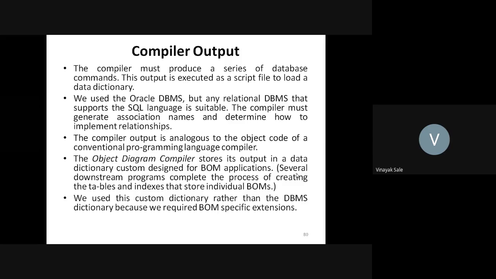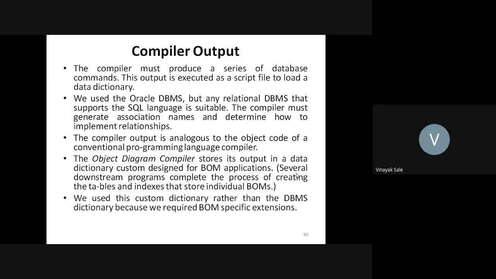The compiler output is analogous to the object code of a conventional programming language compiler. The object diagram compiler stores its output in a data dictionary custom designed for bill of material application.